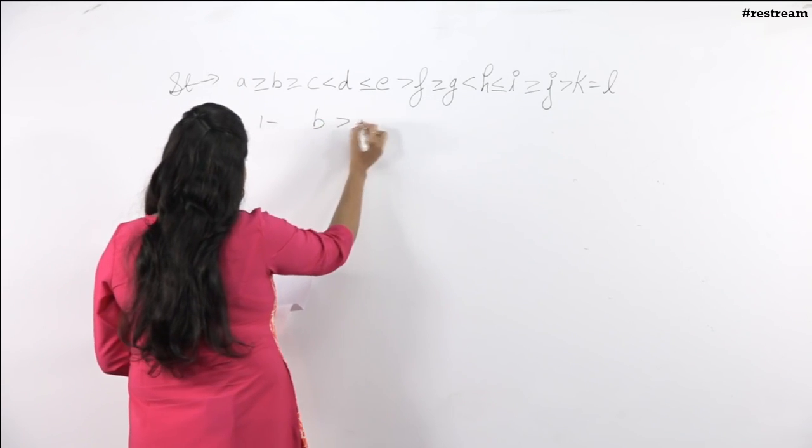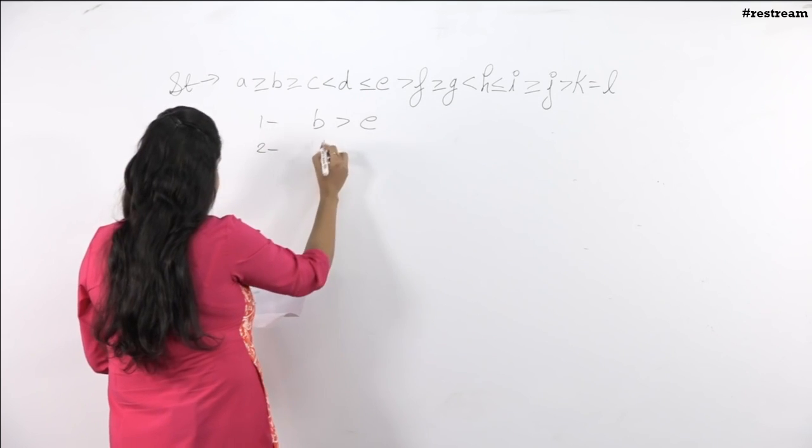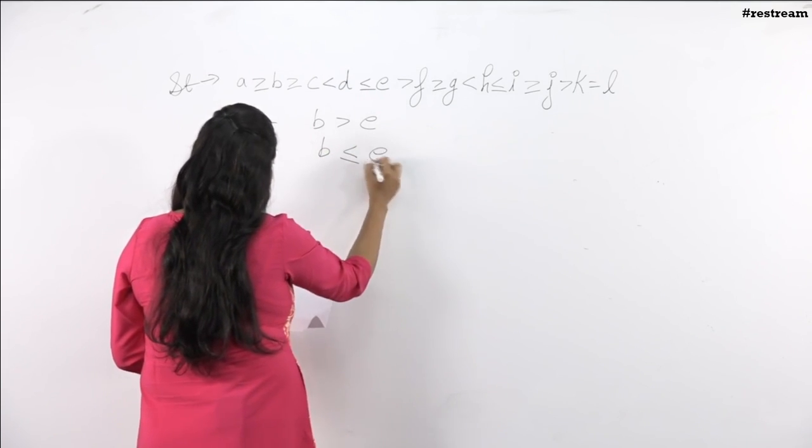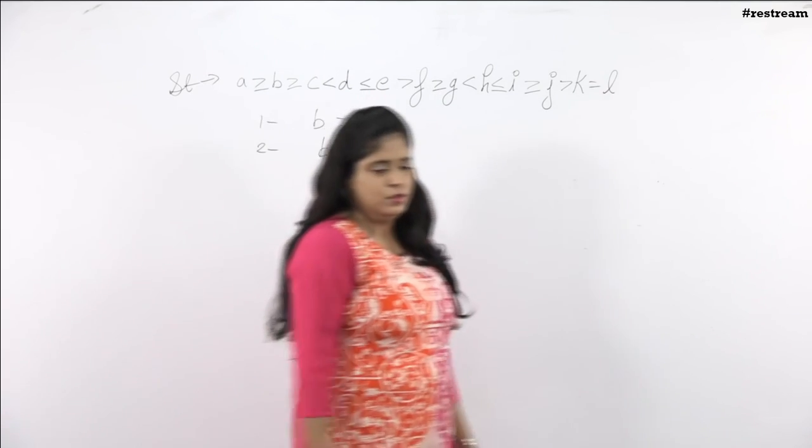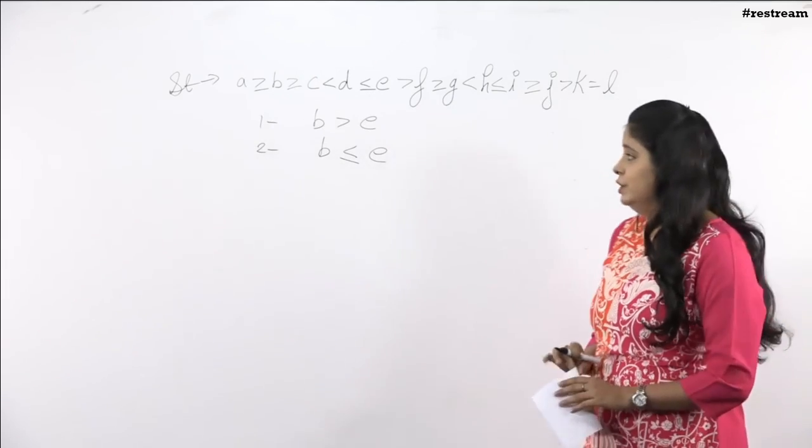My first conclusion says B is greater than E, and second one says B is smaller or equal to E. So what is your answer for this conclusion?